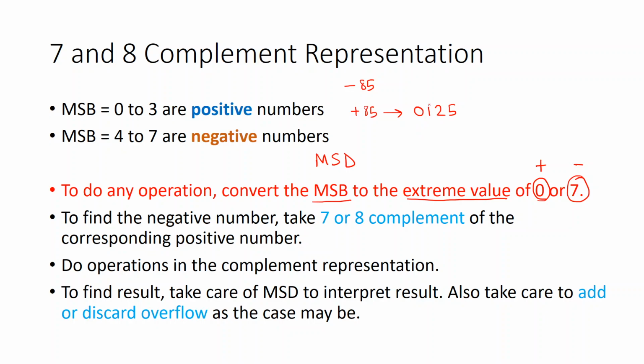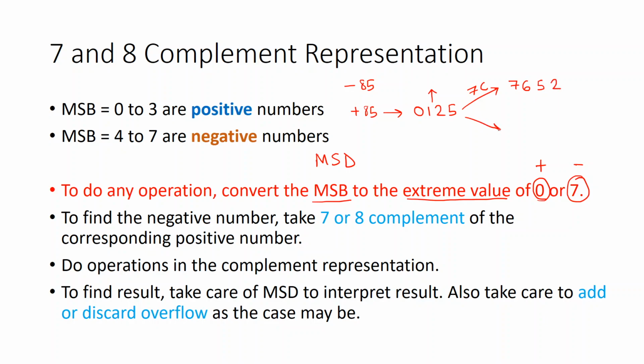Now what I need to do is simply look at the complement of this number. If I am doing the 7's complement, then I am only taking the complement of these digits, and that's all. If I do that, I will land on 7652.